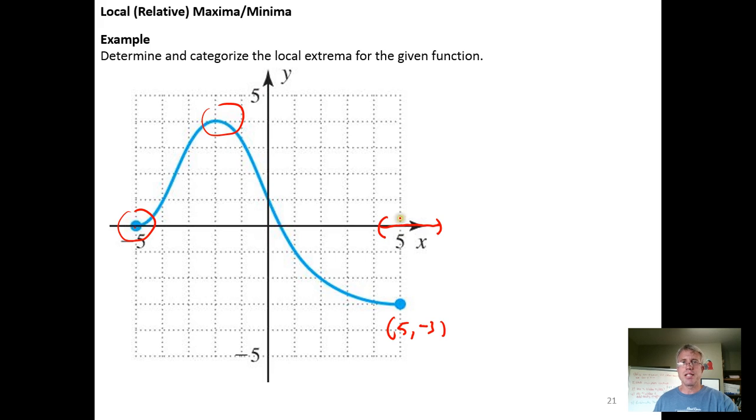But what you can see is that if we try to create the open interval centered at 5, the function isn't defined past this point. This graph has been cut off right at this point. So this actually isn't a candidate because we can't establish an open interval, and local maxima and minima require that you establish an open interval around the candidate input variable.